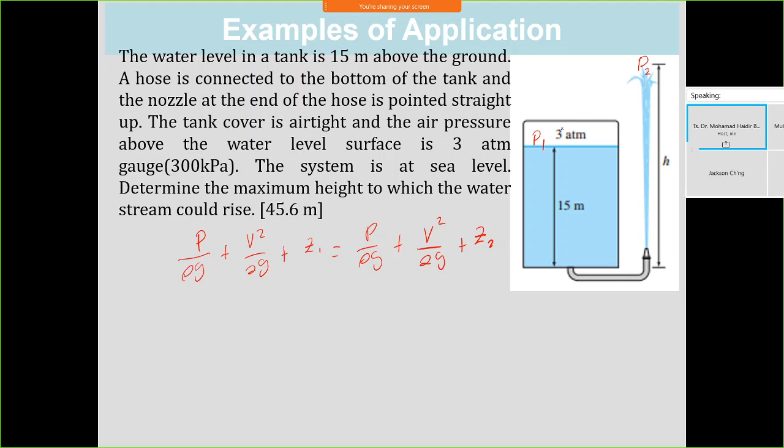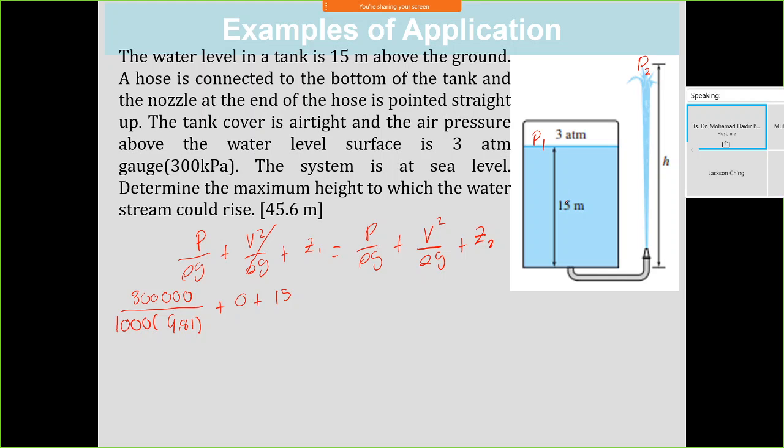Okay, pressure at point 1 is 300,000 over rho g, 1000 times 9.81, plus V. It is an open tank, so you can neglect the effect of velocity, plus Z, the elevation at point 1, which is 15 meter.